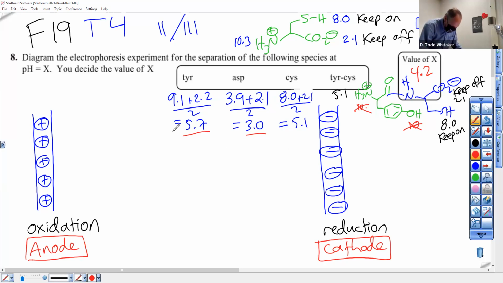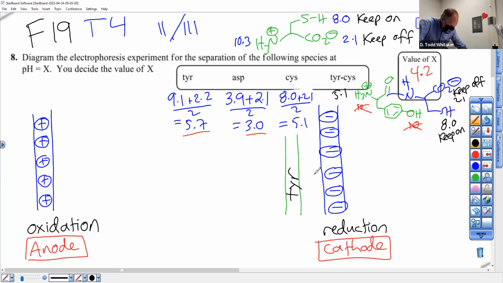So I'm just going to say over here in this experiment, you would get a channel, like an area. You'd look at it with a blue light. You'd see this is a dark area. You'd cut it out with a knife, literally, a scalpel, and you cut it out, put it in a beaker, and wash the stuff off of the polyacrylamide gel, and then evaporate the solvent. You've got the pure tier, all by itself, purified.